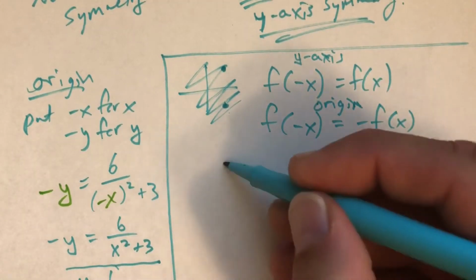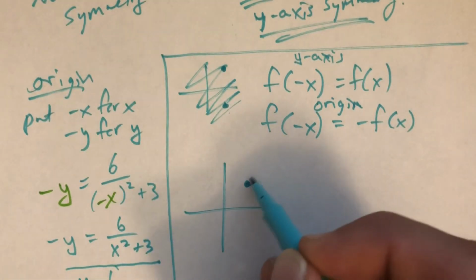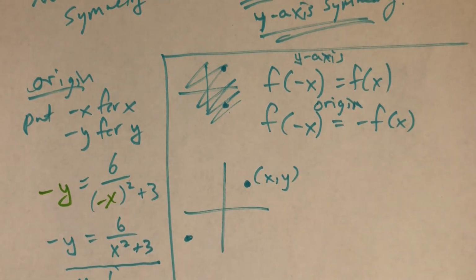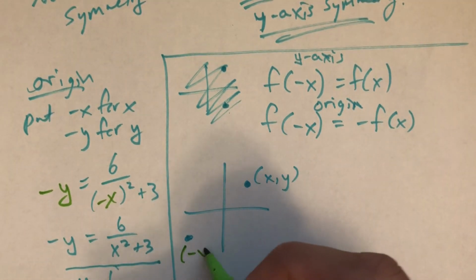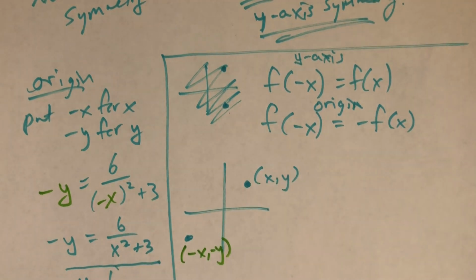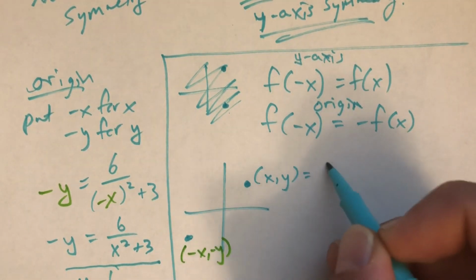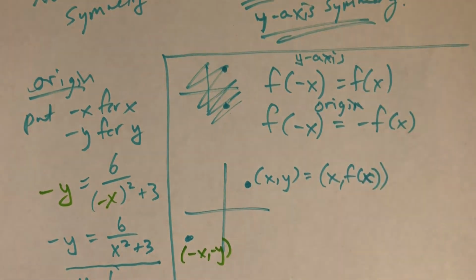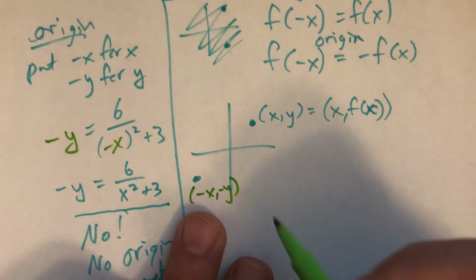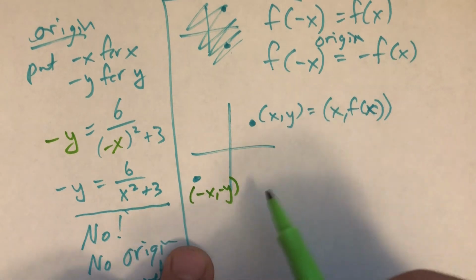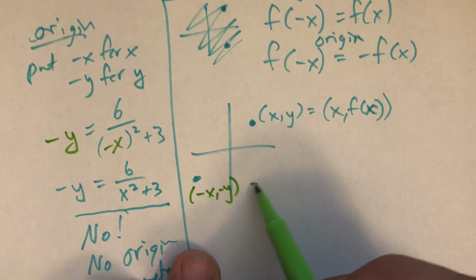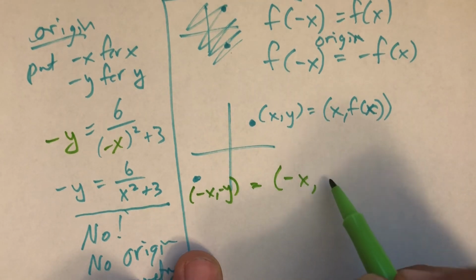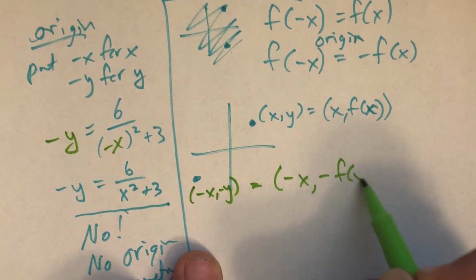We remember when we were looking at origin symmetry, here's my point that's symmetric to it. If we wrote this with function notation, this would be x comma f of x. And if we wrote this with function notation, we would have negative x comma negative f of x.